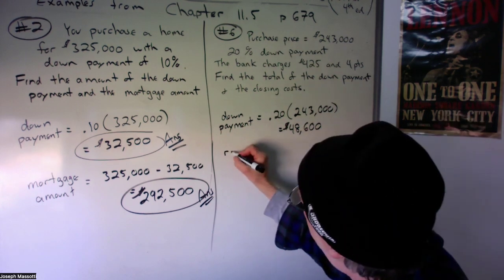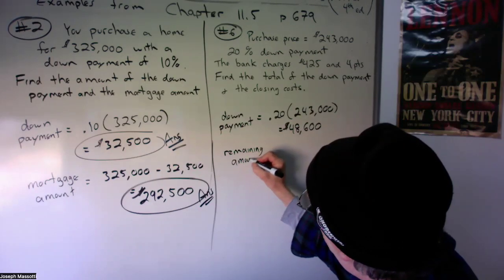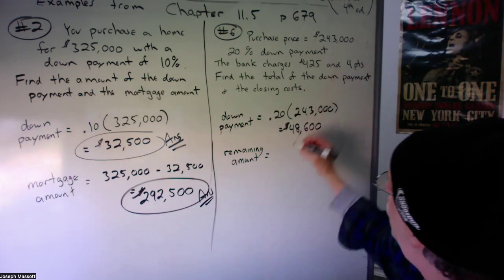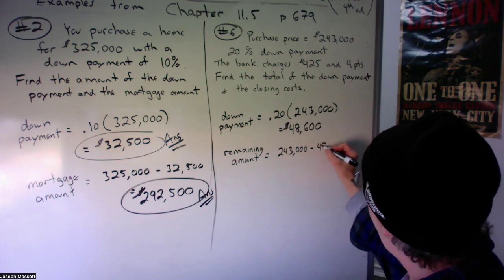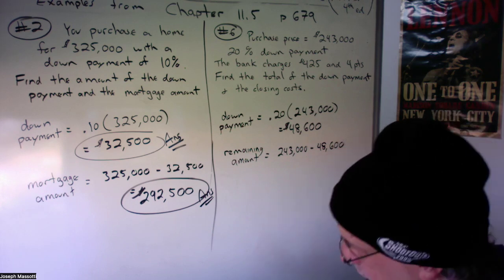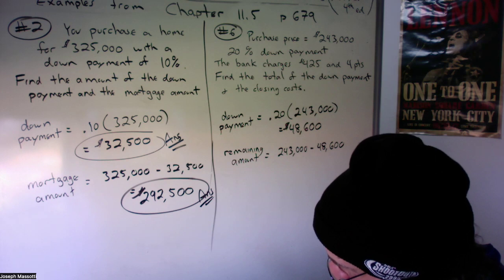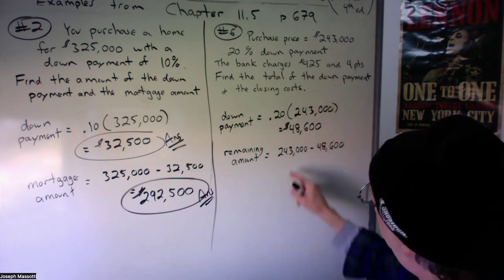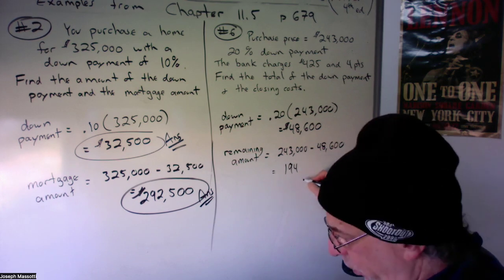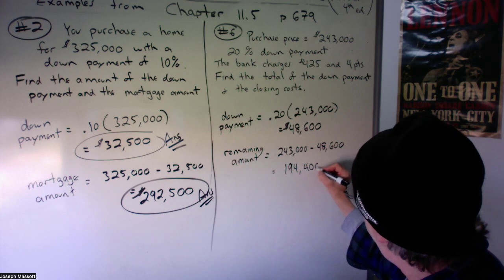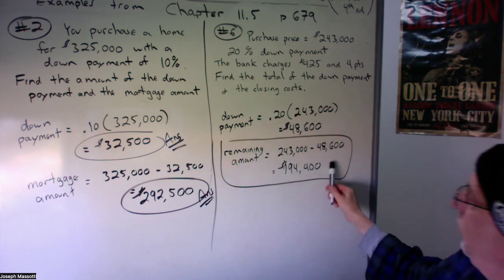So now the remaining amount, after we make that down payment, is going to be $243,000 minus that $48,600. So 243,000 minus 48,600, or 80% of this number, is going to leave you with $194,400. So that's the remaining amount after our down payment.